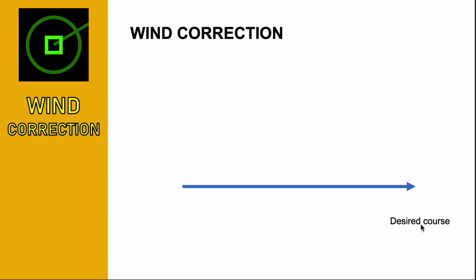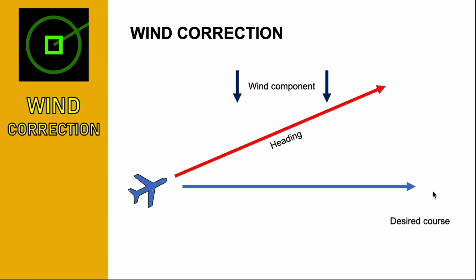To compensate, if you want the plane to come here and then you have this wind component, you need to compensate another angle in order to keep the plane on this course. You will give this heading, and even though the plane will be diagonally looking towards this course, the plane is going to do this route.